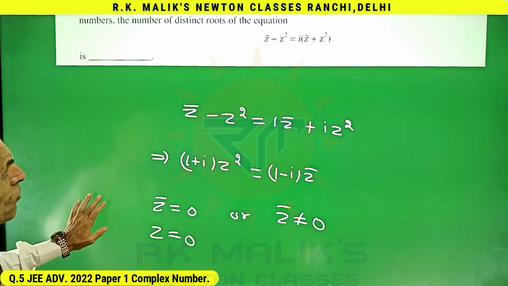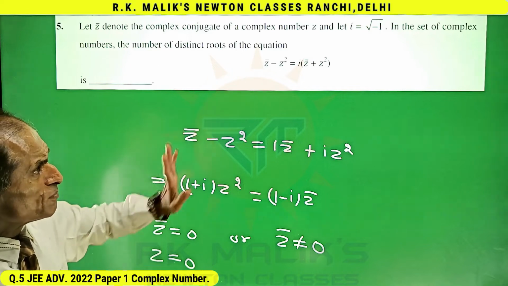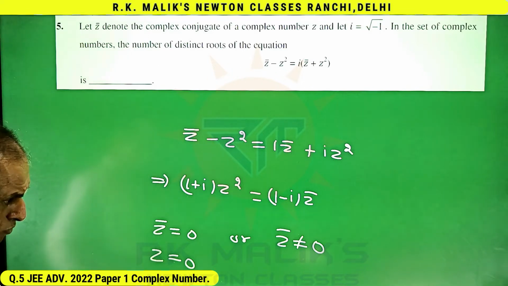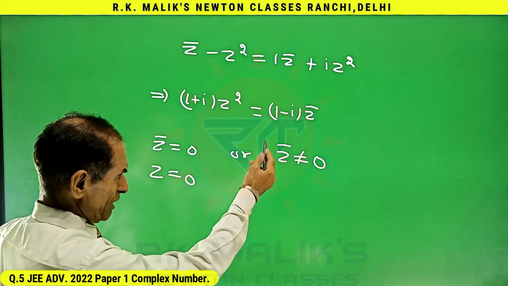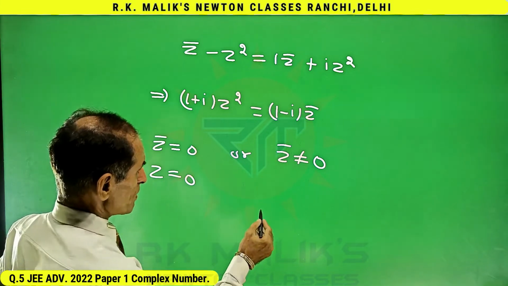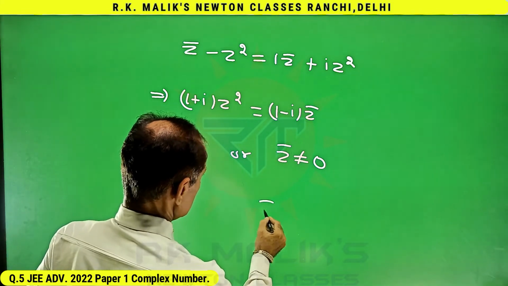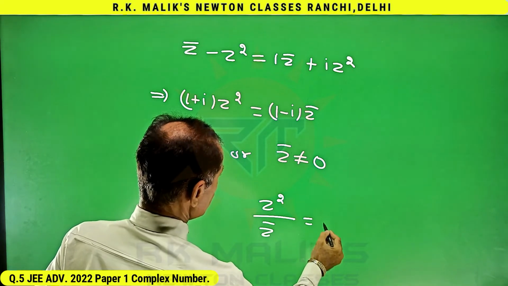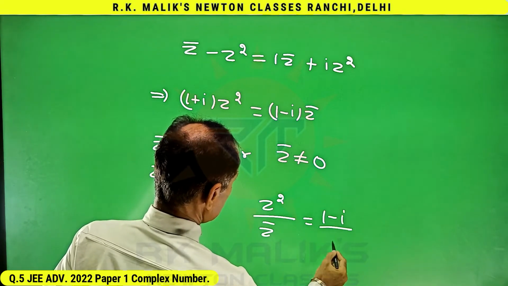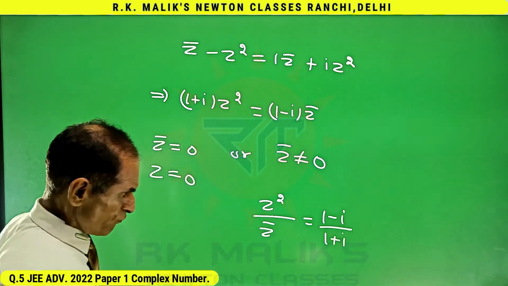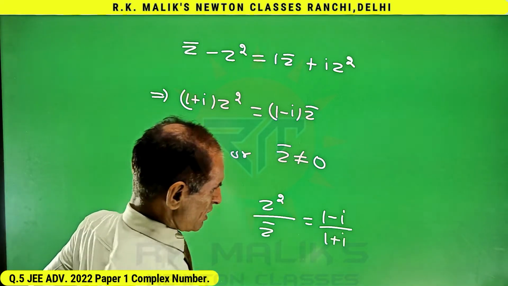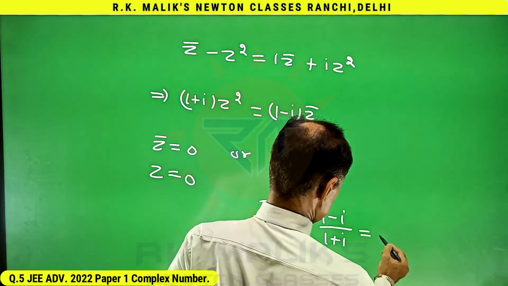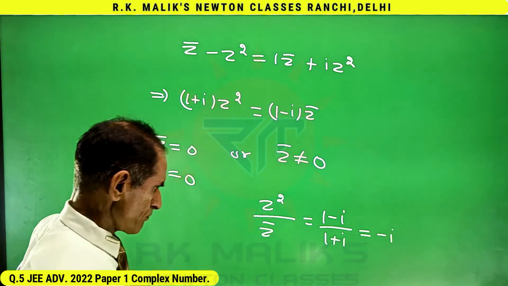Hence one possible root of this becomes z equal to 0, and afterwards if z bar is non-zero, then I get z square upon z bar equal to 1 minus i upon 1 plus i, and clearly this is equal to minus i.